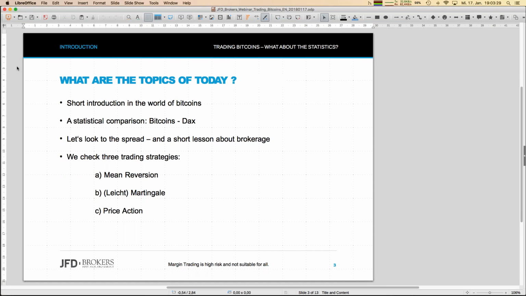The price of Bitcoins is more or less around 13,000, and that's the same level the DAX has right now. I know DAX is a CFD and not Forex, but since the two prices are quite close to each other, it's easier to compare Bitcoins, or BTC USD, against DAX instead of Bitcoins to Euro US dollar.